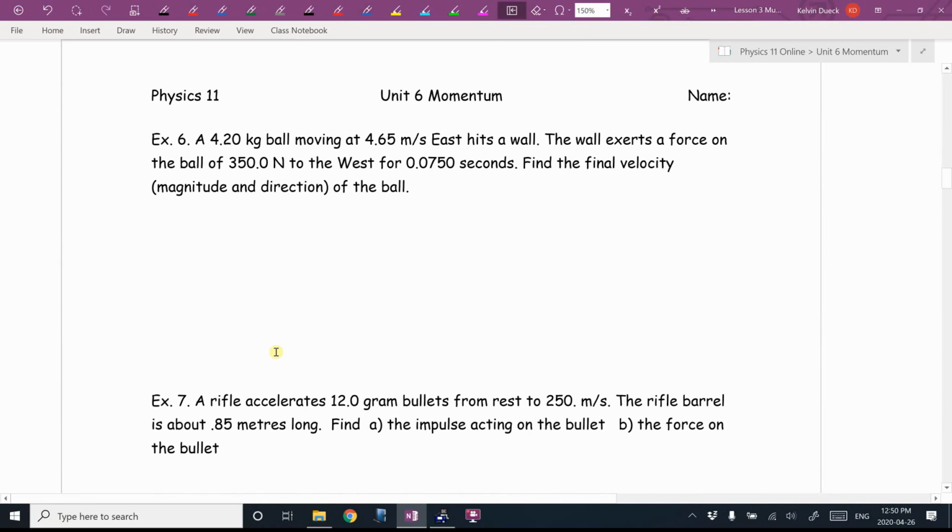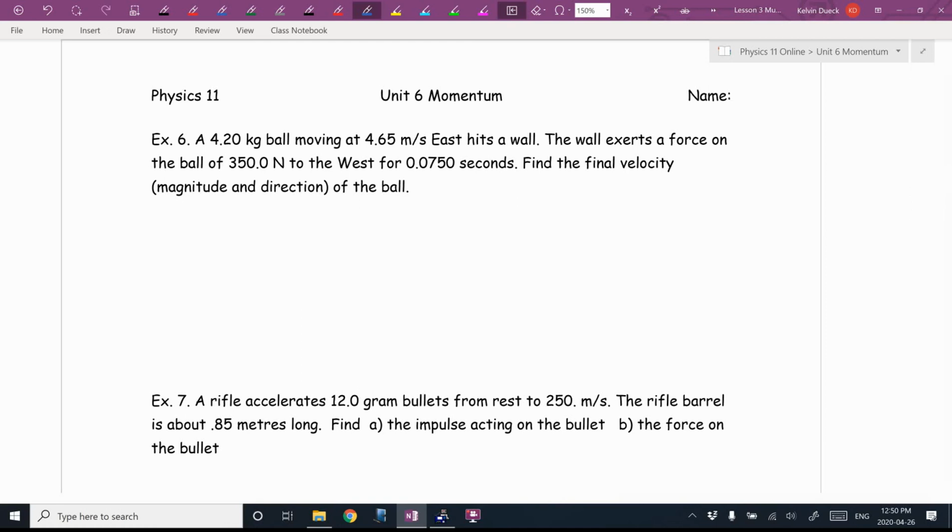As soon as you see compass directions, east and west, we need to realize that we're going to need to let one way be positive and one way be negative. I don't care which direction you use. You can let east be positive and west be negative, or let west be positive and east be negative.